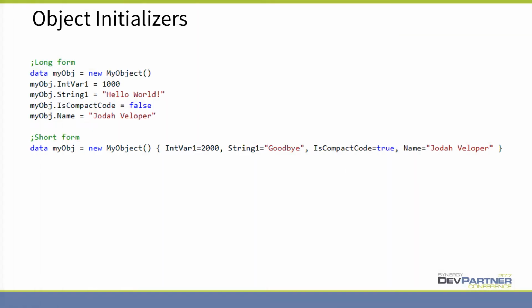If you're going to remember any code compaction technique, this is the one that I think you're going to get the biggest bang for. An object initializer. Basically, when you create a variable, you're going to define what it is, and then you're going to define the fields within it to be some sort of a value. And you can see there in the long form, just with a handful, 4 variables, we're taking up 5 lines of code.